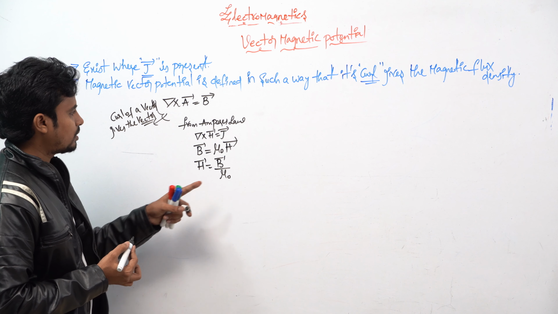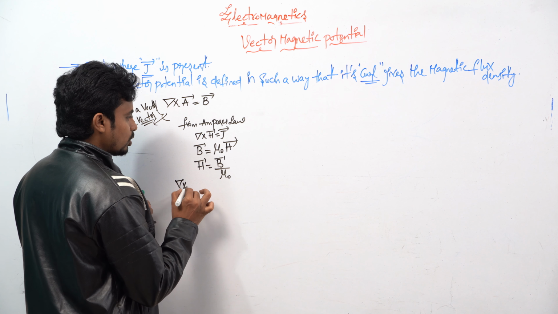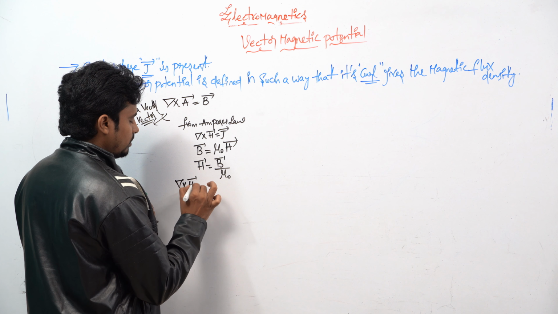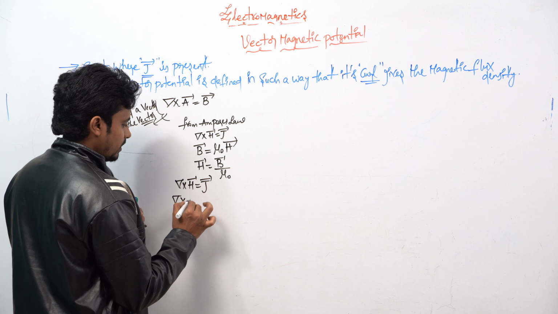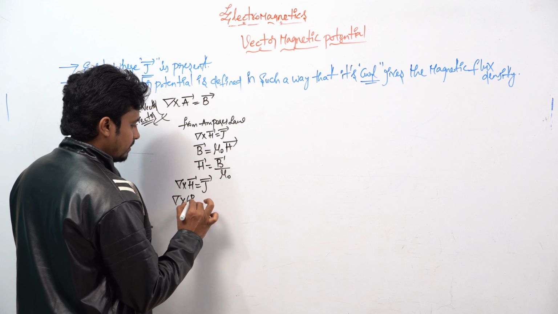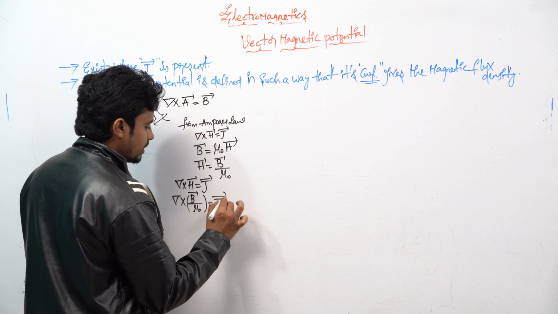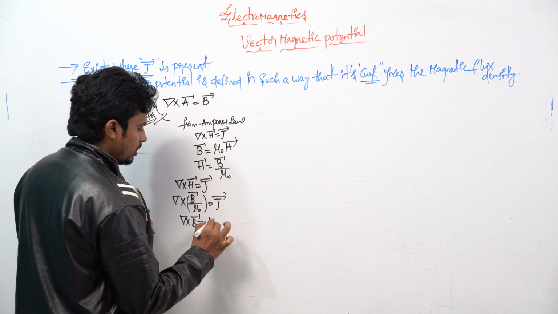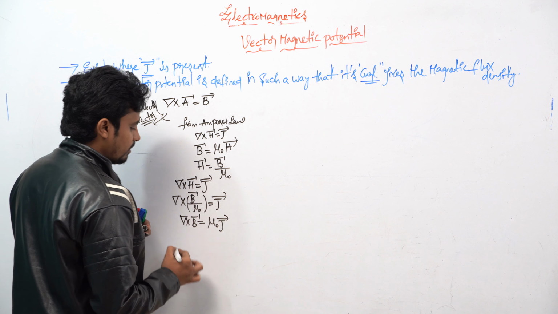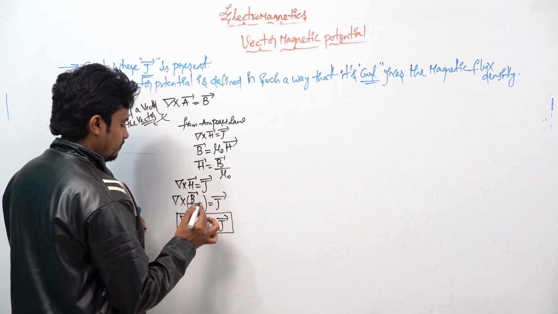Substitute it here. So del cross H bar is equal to J bar. In place of H bar, replace it with B bar divided by mu naught, which equals J bar. So here del cross B bar is equal to mu naught into J bar. Okay, put this thing aside.